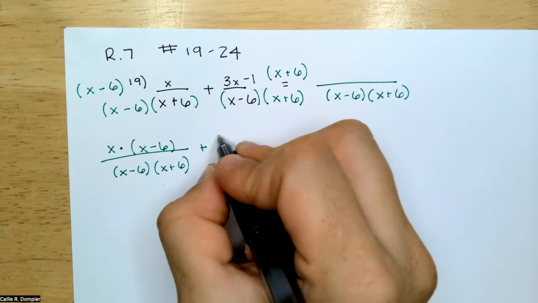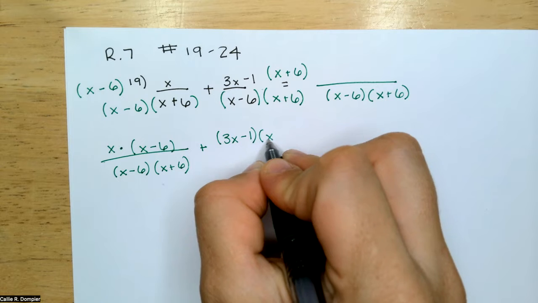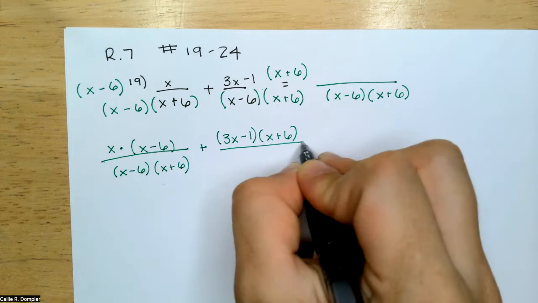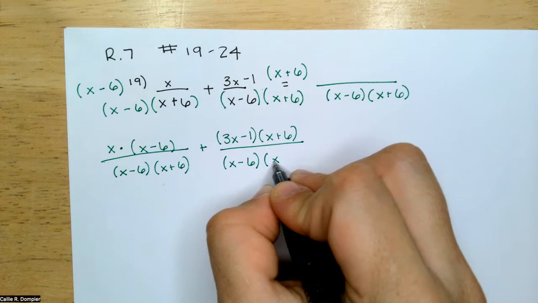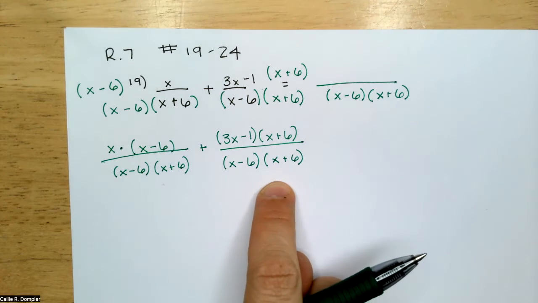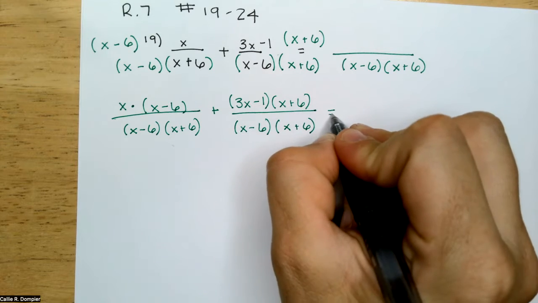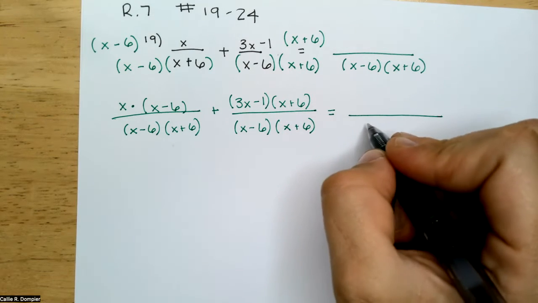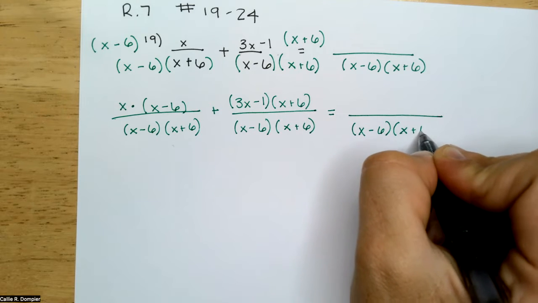And then plus 3x minus 1 times x plus 6 over that same denominator. So now I have a common denominator. What I can do now is just add the top terms and set it all above x minus 6 times x plus 6.